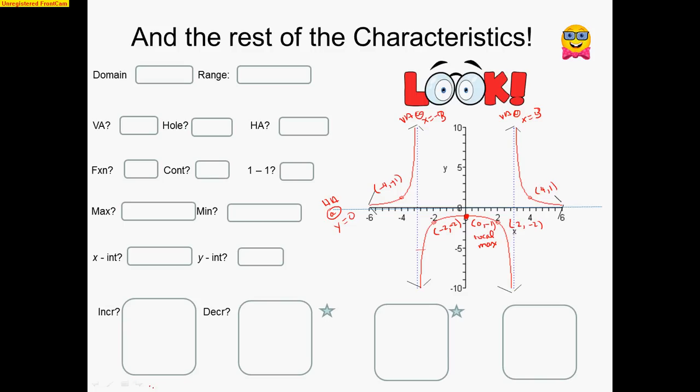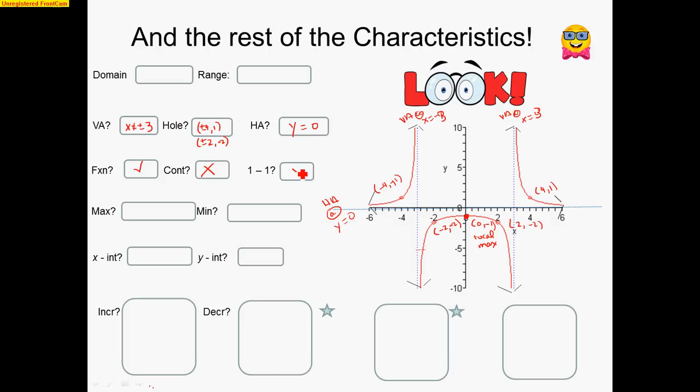Okay. So, let's go ahead and fill out what we can. Right? I see my vertical asymptote is x is equal to ±3. I have holes at ±4, 1, and ±2, -2. I have a horizontal asymptote at y equals 0. Yes, rational functions are functions. No, this rational function isn't continuous.